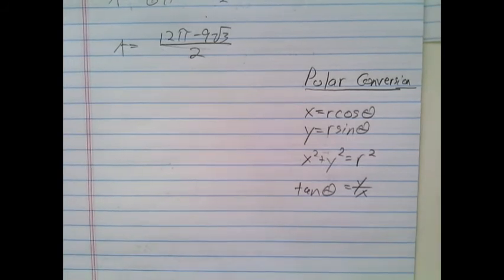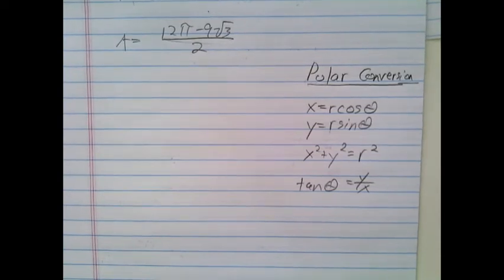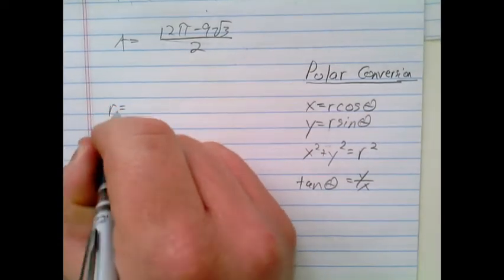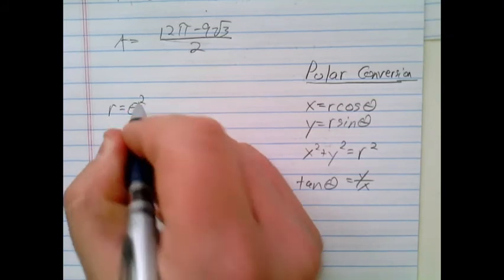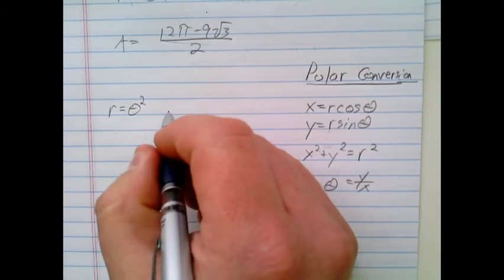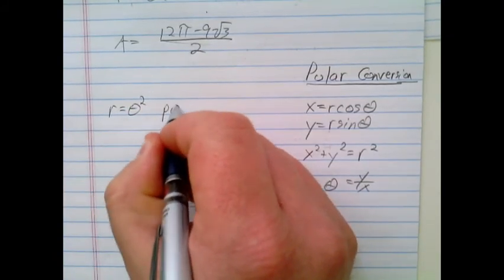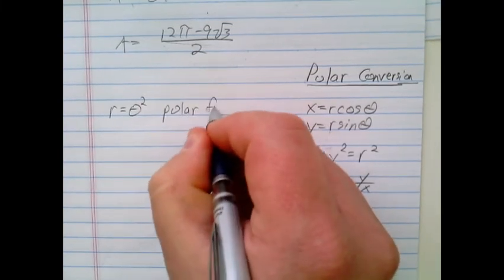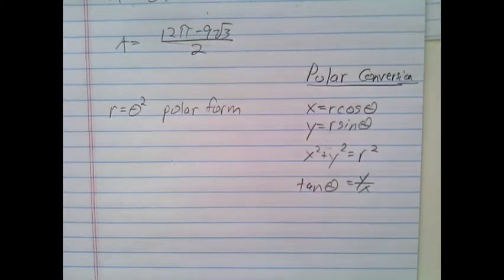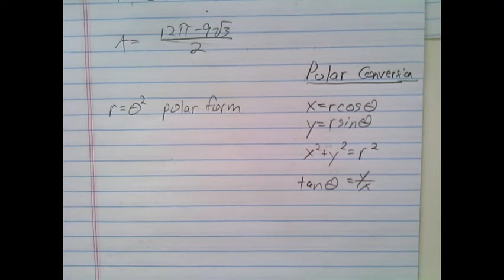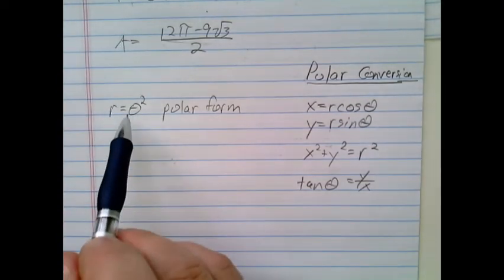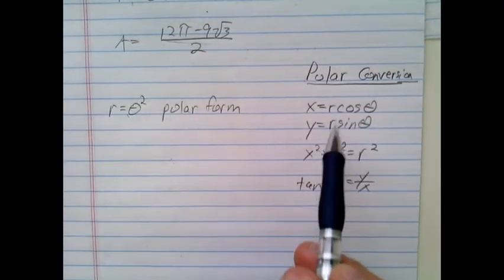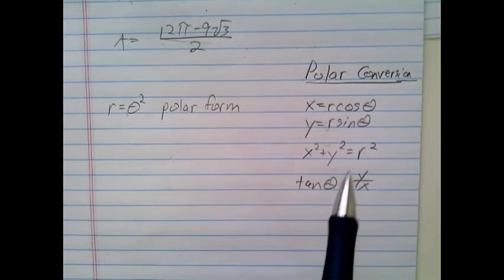It turns out that if you know these conversion formulas, it's actually really easy to parameterize a polar curve. Here's my polar curve, r equals theta squared. We'll call this polar form. To parameterize it, all I have to do is combine the polar equation with these two conversion formulas.